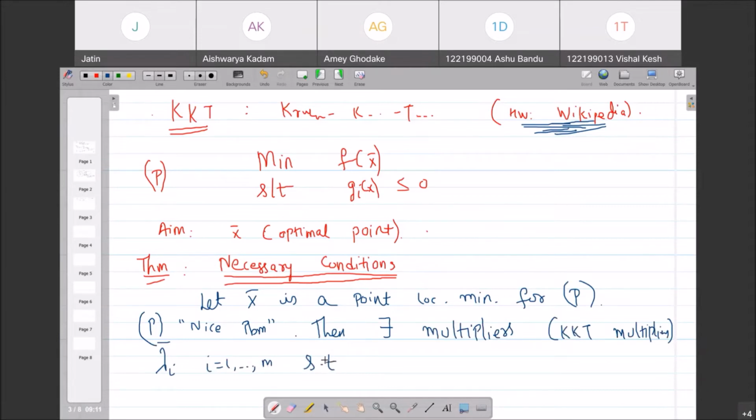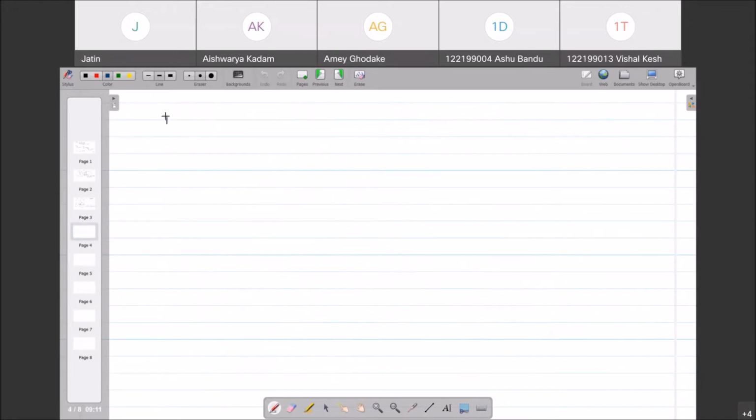My suggestion is you please write down this necessary condition, because we are going to solve a couple of problems, and that time you will need this. So what are the conditions? There are four conditions. It should satisfy grad of f at point x bar plus summation of lambda i grad gi of x bar equal to 0.